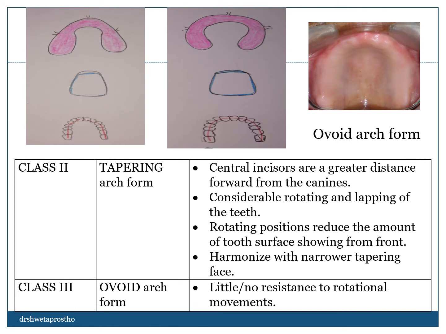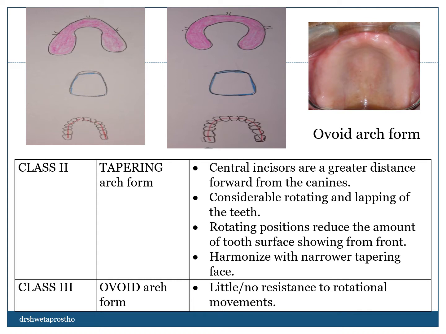Class 2 tapering arch form, as shown in the first image. In this, the central incisors are a greater distance forward from the canines and assume a V shape, as shown in the pictorial image. Rotating and lapping of the teeth is considered in this. This distal rotation of the incisors reduces the amount of tooth surface showing from the front.